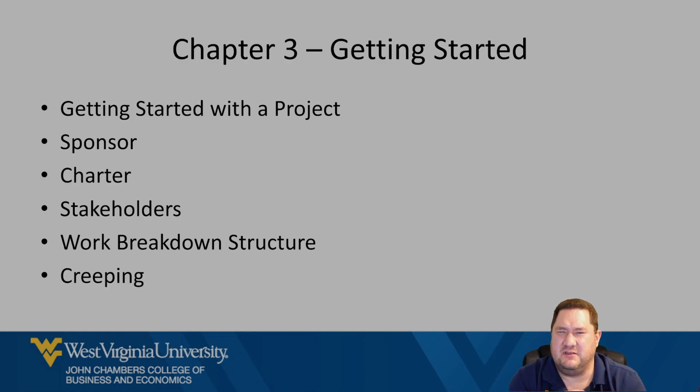After that, we have something called creeping. This is schedule creep. So let's say you've gone through the work breakdown structure, you've built the schedule, and the schedule says you're going to be done by April 28th, which is the end of the 16-week semester for this year. But tasks are taking longer than anticipated.